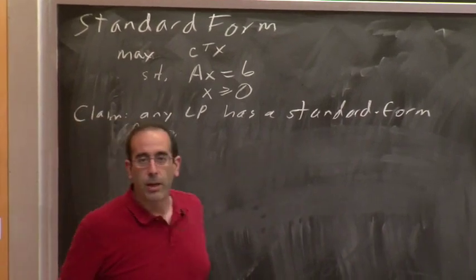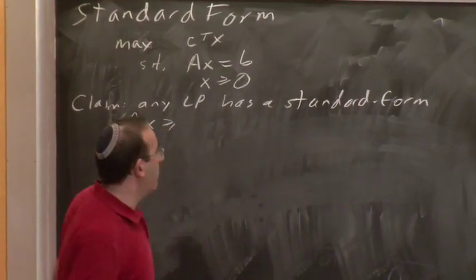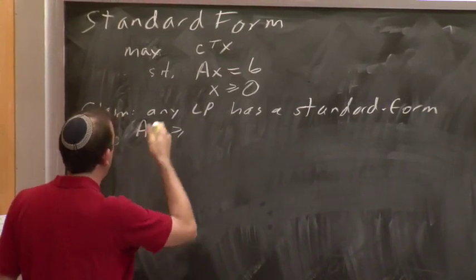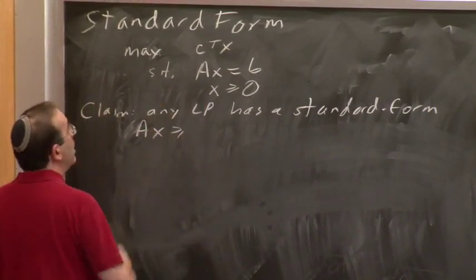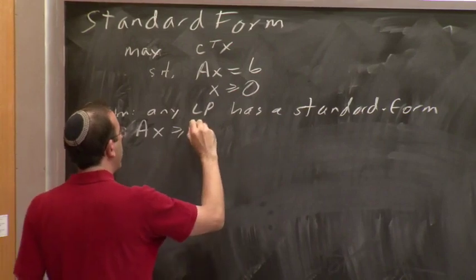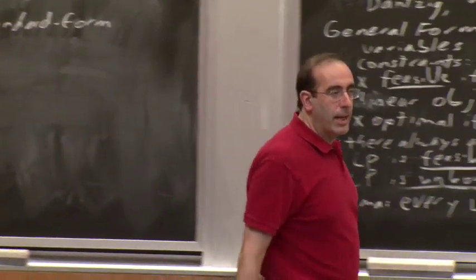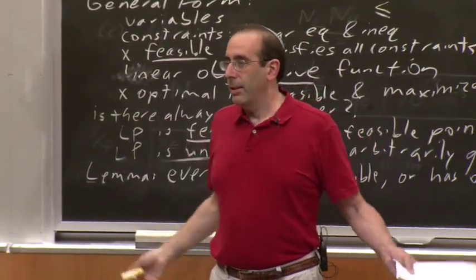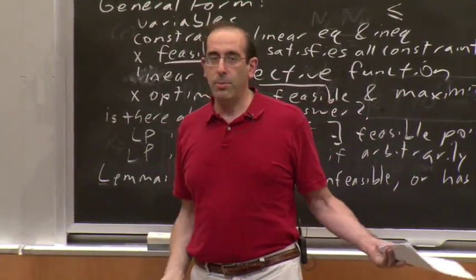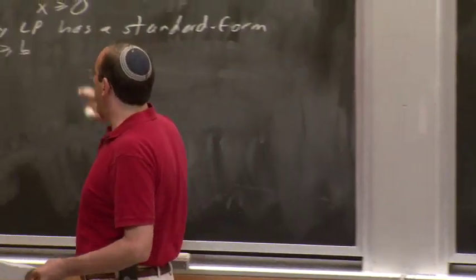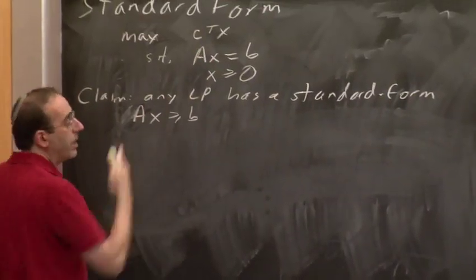But it doesn't matter because we don't have any trouble with the algebraic, with the objective function. It's all about the constraints. So we have this Ax greater than or equal to b, and we want to instead write Ax equal to b. Well, if we just do that, it's going to change the problem a lot. So how can we get from these inequalities to write things in this form?